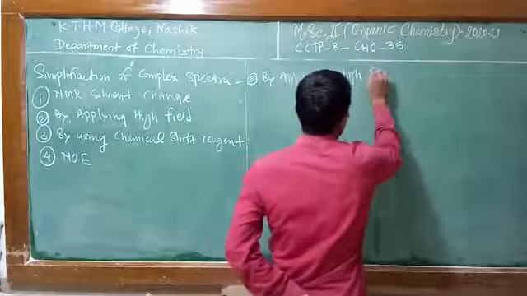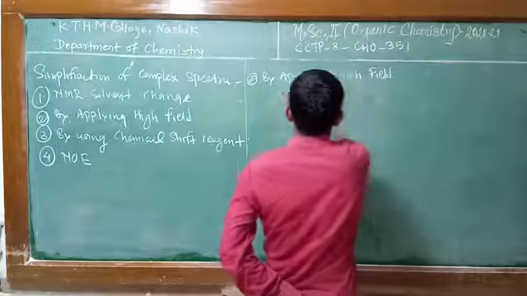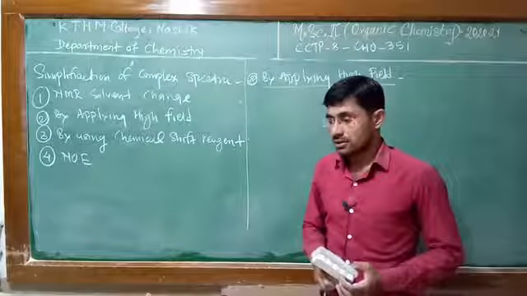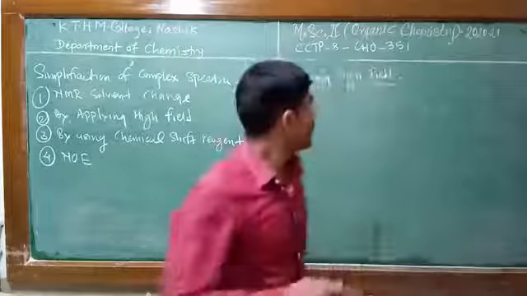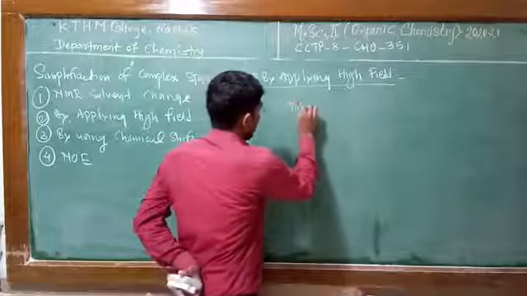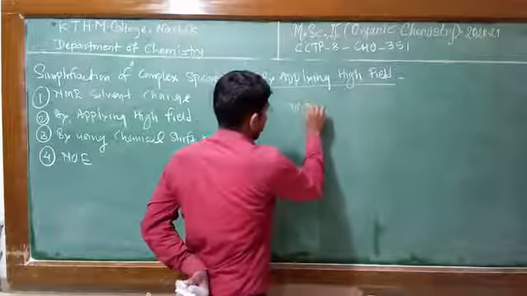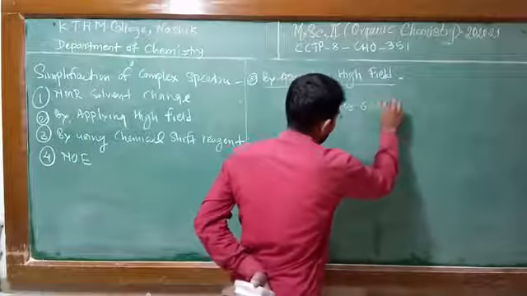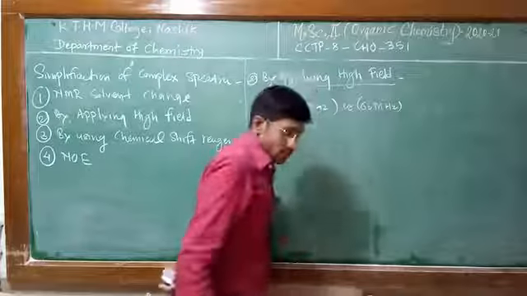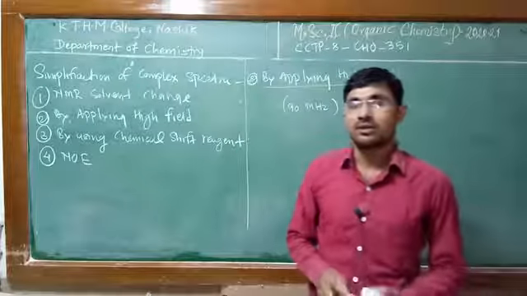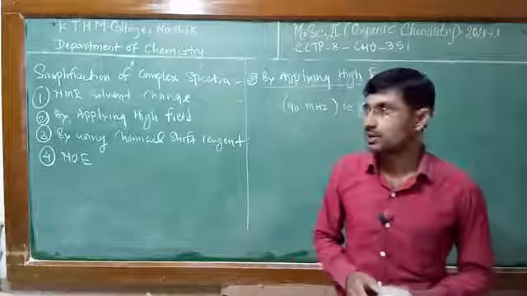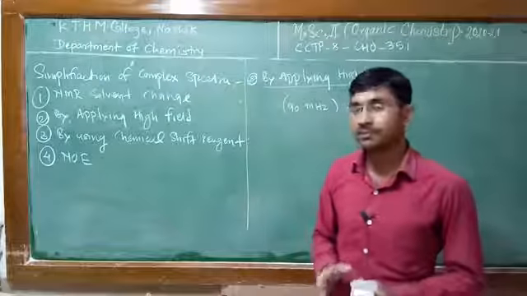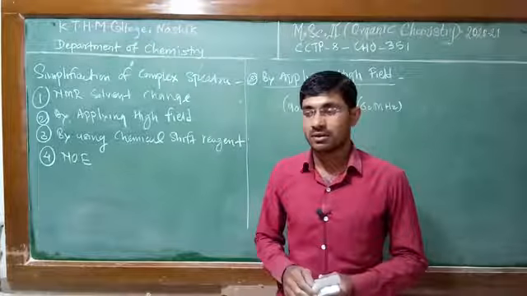Spectra of organic compounds at a 90 megahertz or 60 megahertz instrument: at that time the portion of the spectrum is many times not predictable to us, meaning unpredictable.